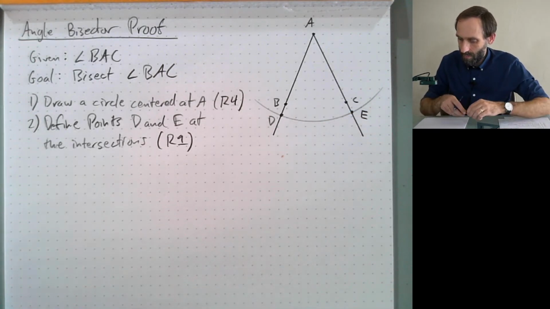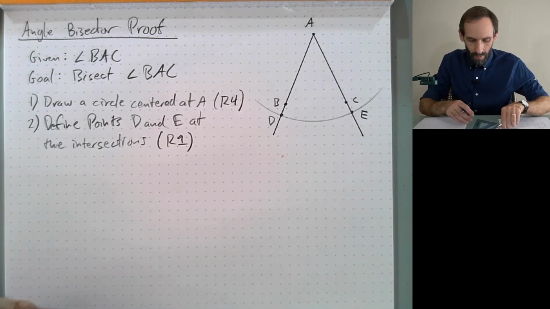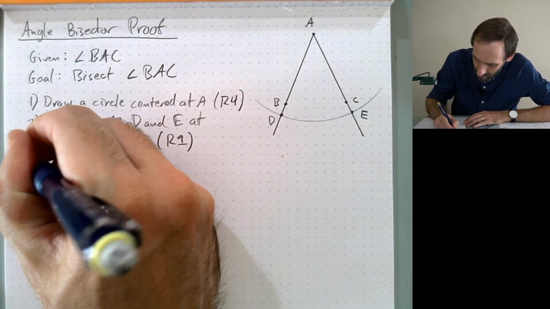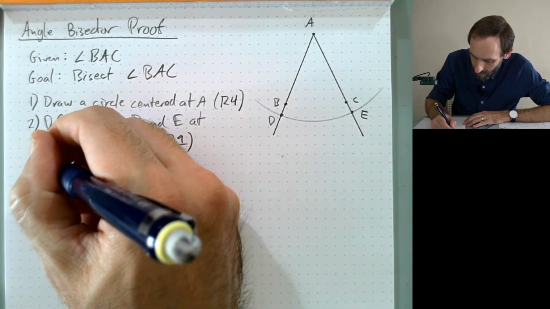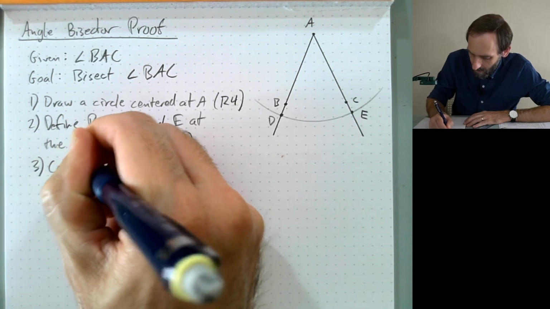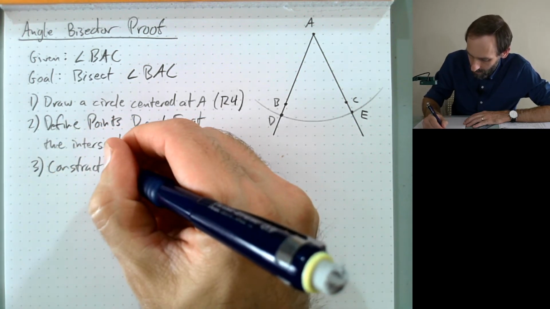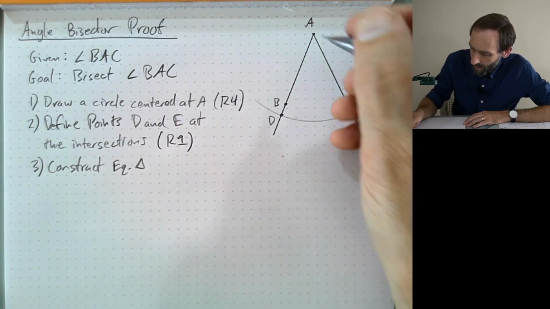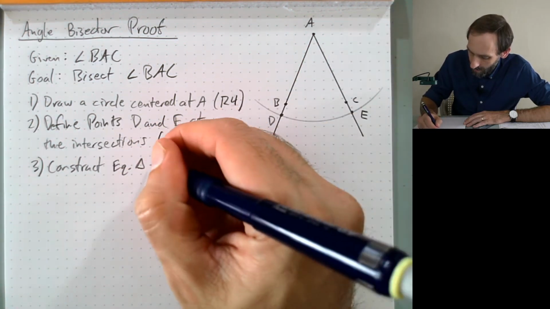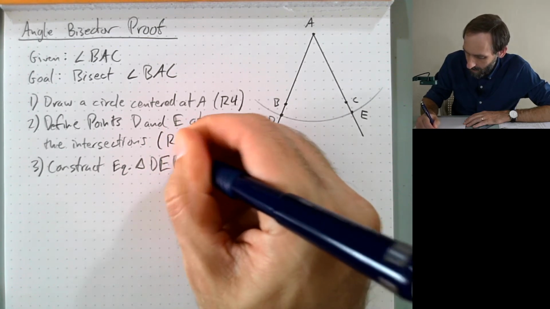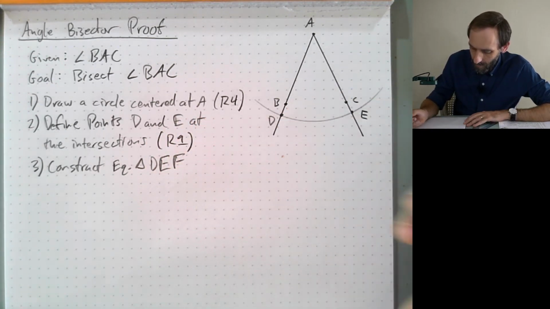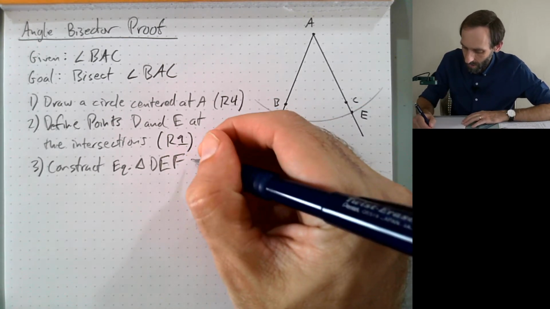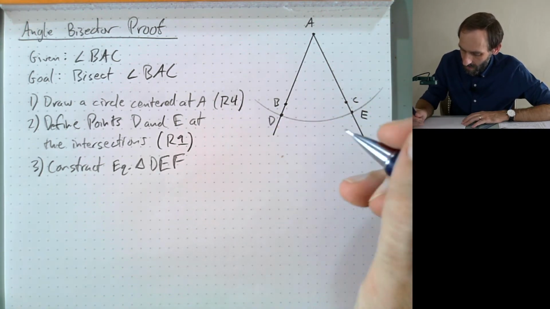Okay, so now I am going to rely on one of the constructions from the last lesson. Step 3 is going to be construct the equilateral triangle DEF, using these points D and E, and then the last point on the equilateral triangle being F. So what is my justification for this?